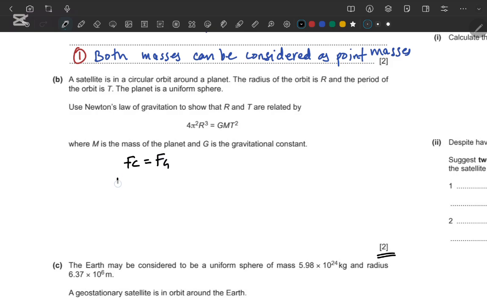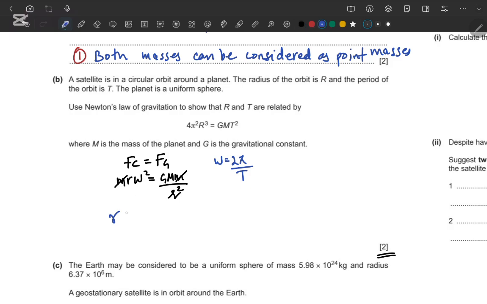The centripetal force is going to be m r omega squared equals GMm over r squared. This m cancels out. And then what I have is omega equals 2 pi by T. So omega squared here, by the way, this is r squared, I forgot to write r squared right here.